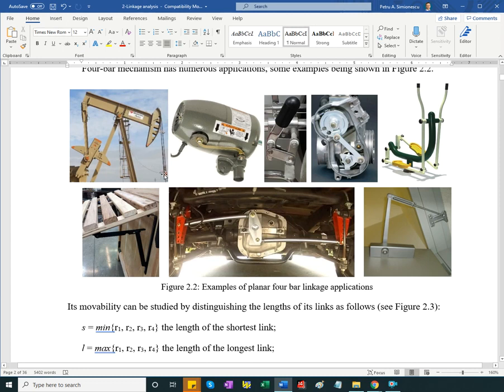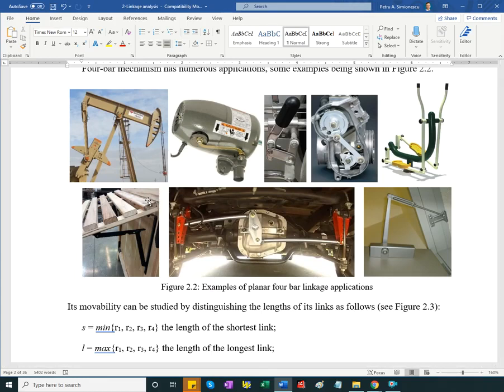It will be a function of the amount of pump stroke, the amount of fluid that is pumped in one stroke. And then, of course, I would like to have the motor spending the majority of time pumping oil rather than returning the sucker rod to its lower position for the next stroke.